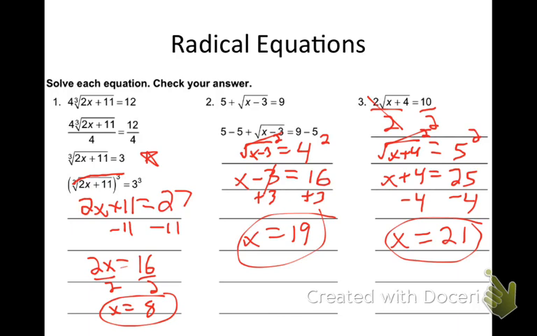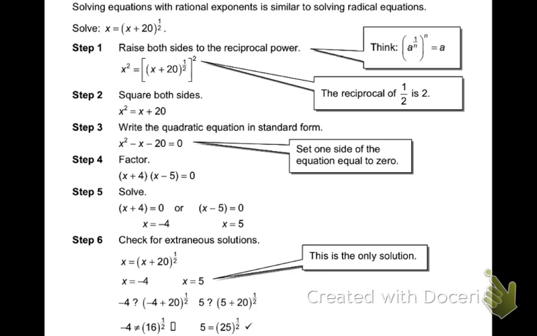Because the next thing we're going to talk about is kind of the same, really. You can have rational exponents. A rational exponent is just like a radical. For instance, if you see here, this has the 1/2 power. The 1/2 power is the same thing as saying the square root of x plus 20.